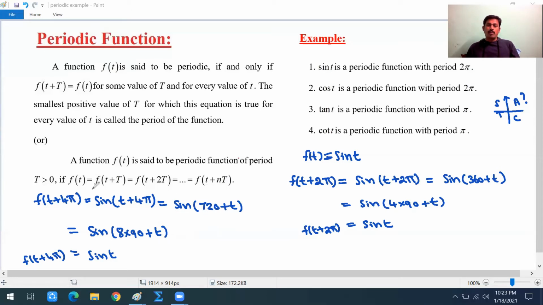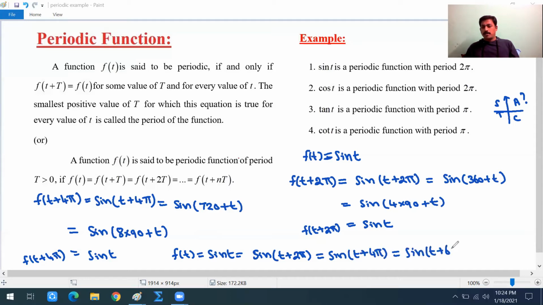So compared to your given definition, your f of t is sine t. It remains same when you replace t by t plus 2 pi and t plus 4 pi, and if you replace t by t plus 6 pi, etc. So you'll get the same value sine t.